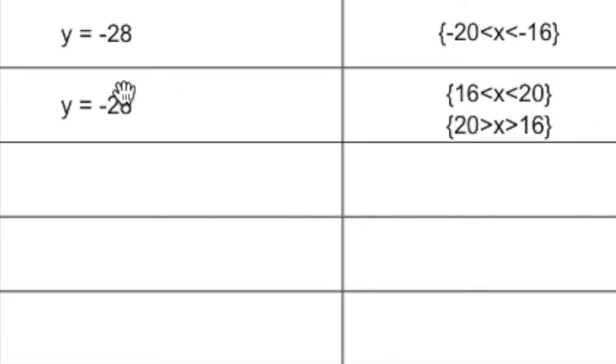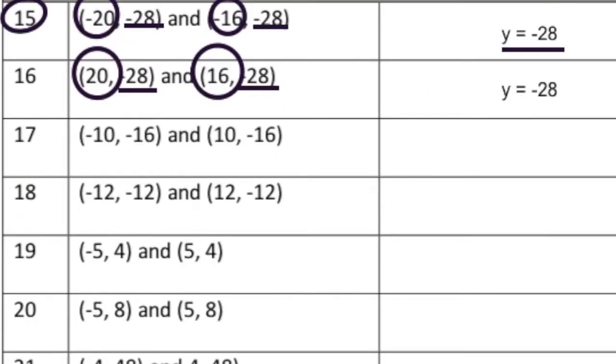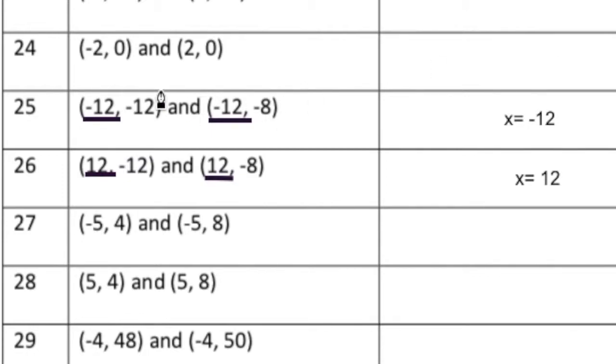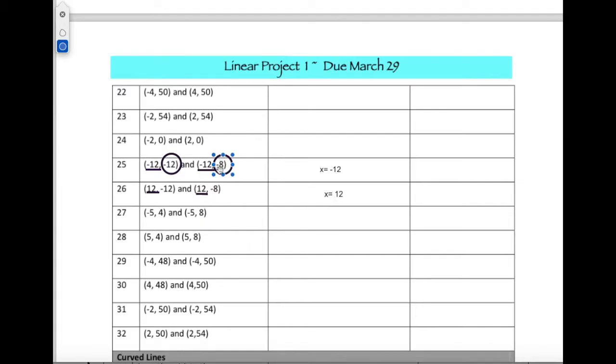Okay. So when it's a horizontal line, y equals -28, we're going to give it the domain restrictions right here by putting those in braces. Okay, and what we're going to do down here for the x equals a number is we're going to give it the restrictions of the y values. And so in this case on line 25, we want it to start and stop at -12 and -8.